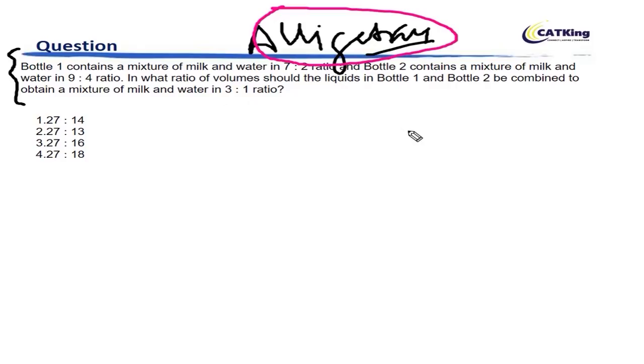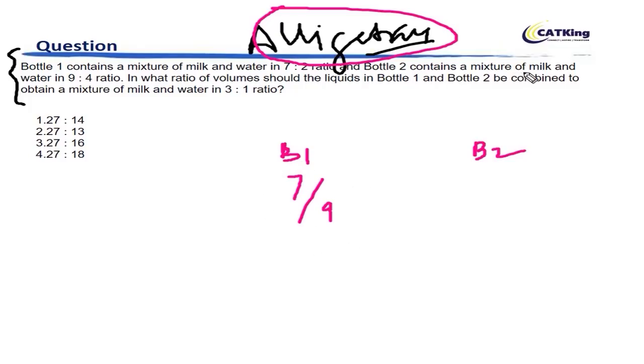Now I hope you know the concept of alligations. In this case bottle 1 contains a mixture of milk and water in the ratio 7:2, which basically means that the proportion of milk in the total solution is 7/9, right?